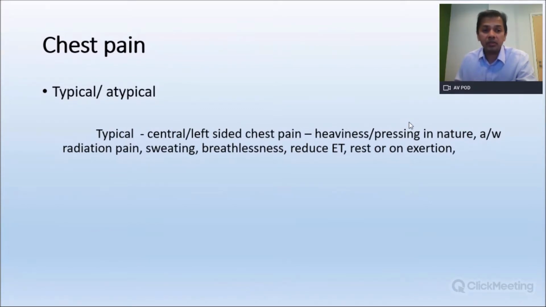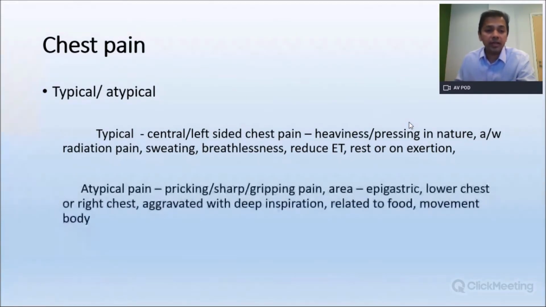It may be associated with radiating pain, to the arm or jaw, and may have sweating, breathlessness, reduced effort tolerance, at rest or exertion. Whereas atypical pain is normally described as pricking, sharp, or gripping. The area is normally the lower chest, epigastric region, or even the right chest, and may be aggravated with deep inspiration or related to food or movement of the body.